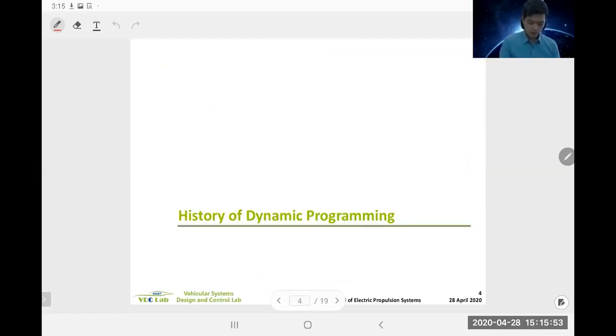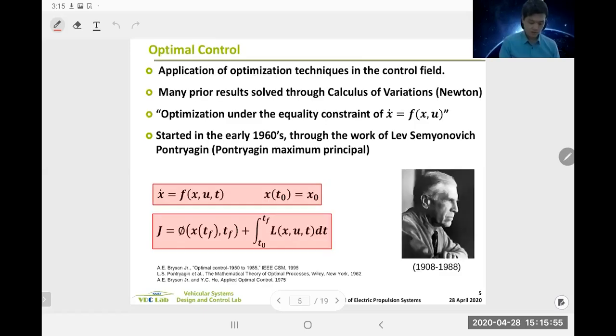So, quick history of DP. Optimal control theory was developed really fast in the early 1960s.